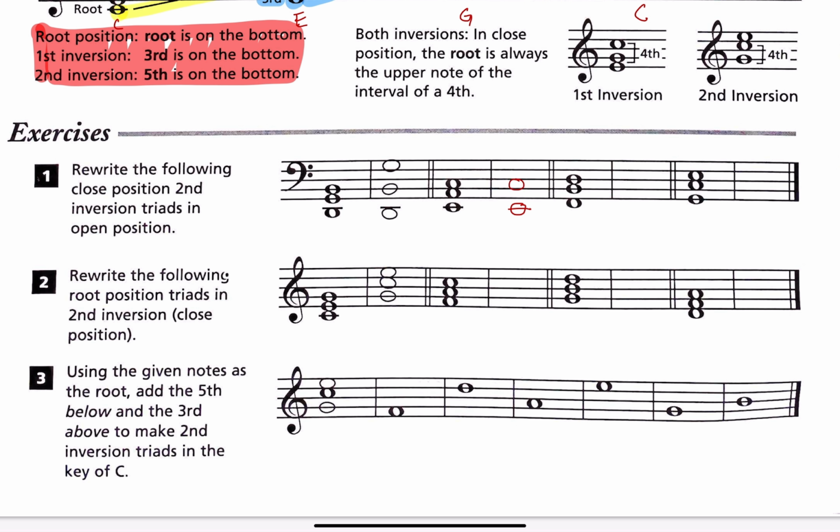The top note of the chord is going to stay the same, and the bottom note of the chord, which in this case is an A because we're in bass clef, is going to move up an octave to this A. All right, bottom note stays the same, top note stays the same, middle note goes up an octave. Bottom note stays the same, top note stays the same, middle note goes up an octave. That is how we go from close position to open position.